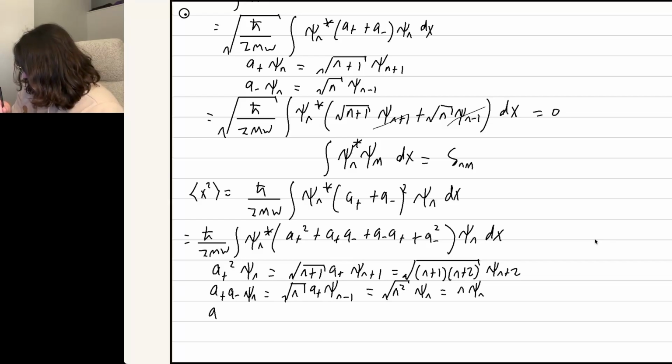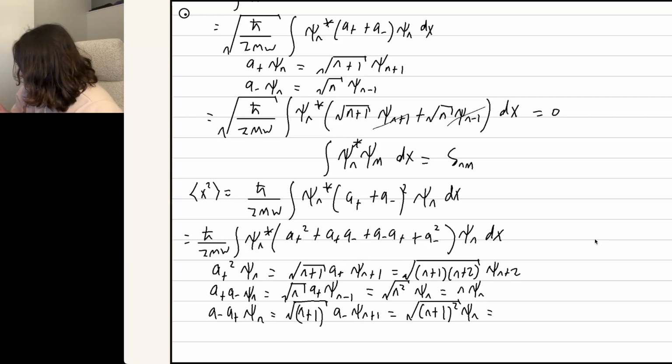And then a minus a plus on psi n is given by root n plus 1 times a minus on psi n plus 1, which will give you n plus 1 squared psi n, which simplifies to just n plus 1 times psi n.